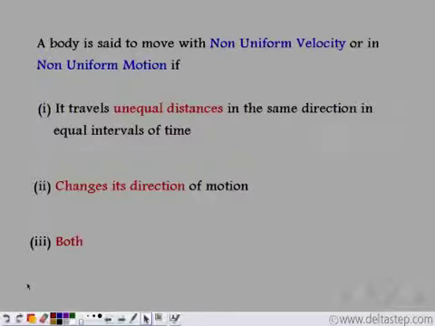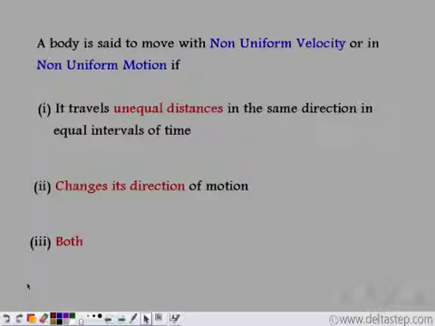We have learned that when a body covers equal distances in equal intervals of time, it is said to be moving with uniform speed. When a body covers unequal distances in equal intervals of time, it is said to be moving with non-uniform speed.